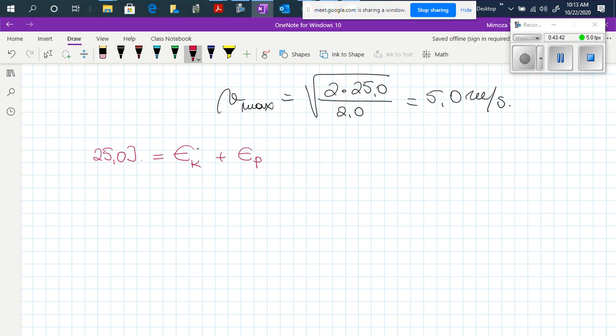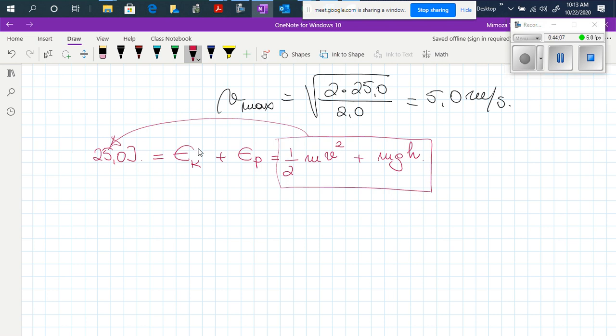Okay, now what do we know in terms of the kinetic energy? It is 1/2 mv squared. And in terms of the potential energy, it is mgh. Now this sum is equal to 25. Don't forget this, it is the mechanical energy of the system.